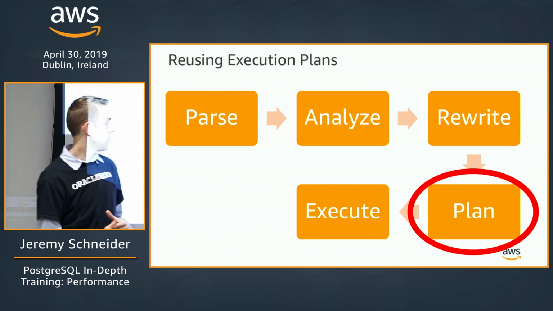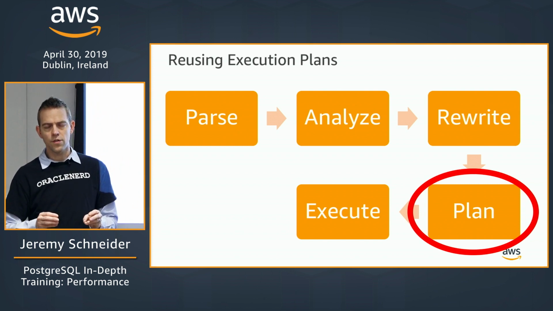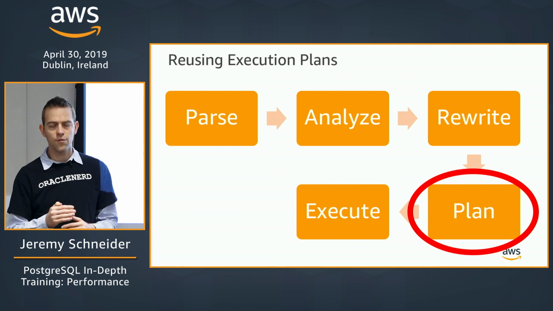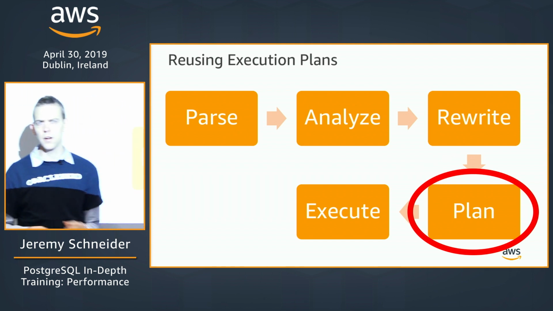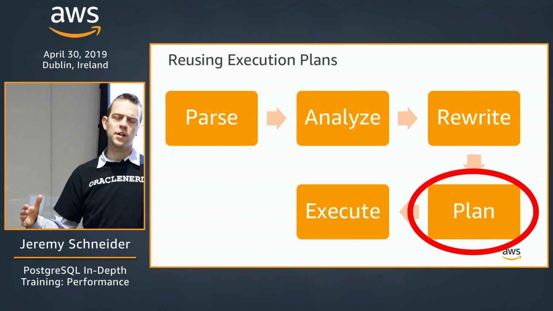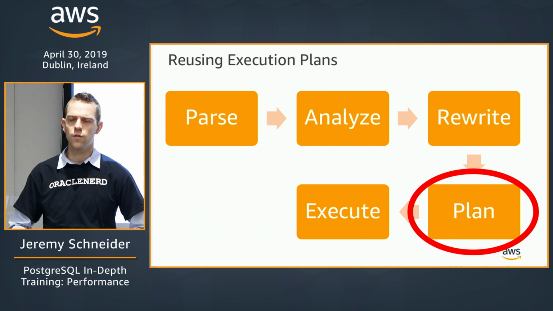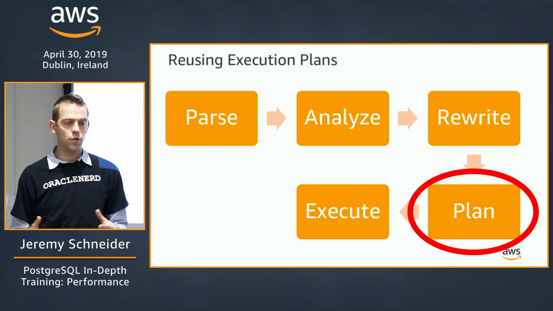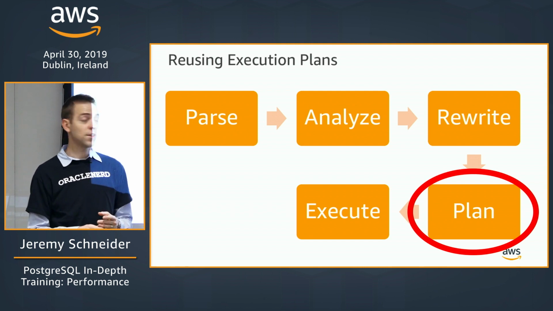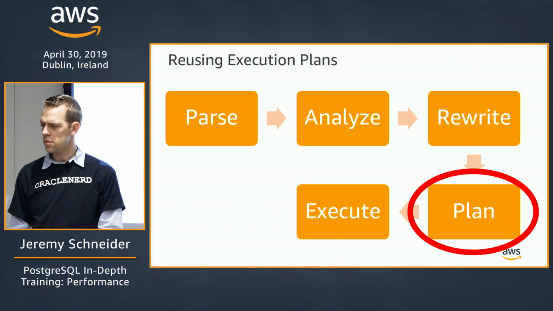So when you have a SQL statement that runs for a very short duration at a high frequency, this plan time suddenly becomes a very large percentage of what your system is doing. If you were to profile your database and operating system, you'd say, oh my goodness, half of the CPU is planning on that kind of a box.